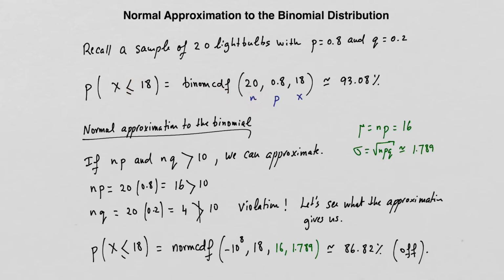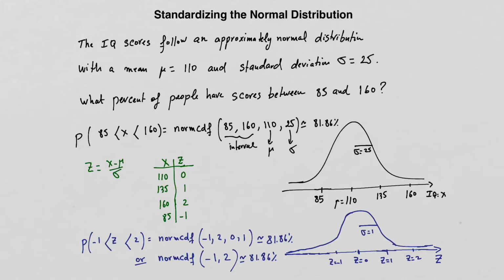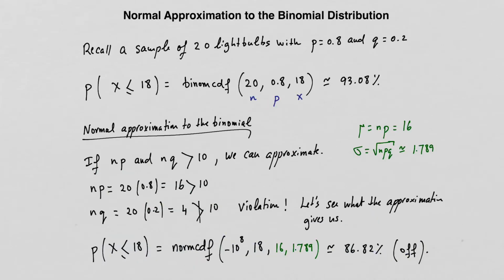So we just do NPX. These are the 3 parameters. And like the normal distribution, we write interval, mu, sigma. For the binomial, we write npx. So n is 20. The probability of success is 0.8. And the number in question is 18.